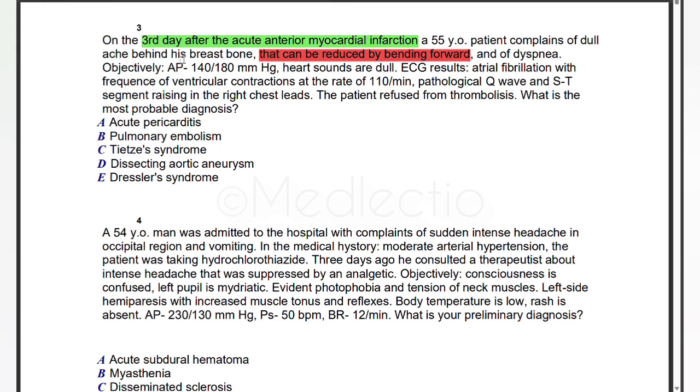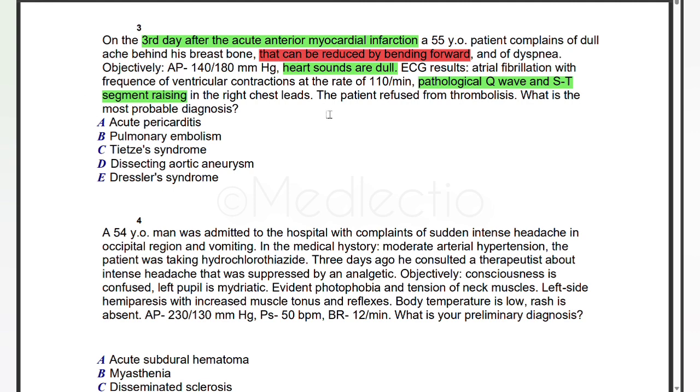Then we have high AP, heart sounds are dull. ECG results: atrial fibrillation with frequency of ventricular conduction, meaning rapid ventricular conduction. Then we have pathological Q wave and ST segment raised.